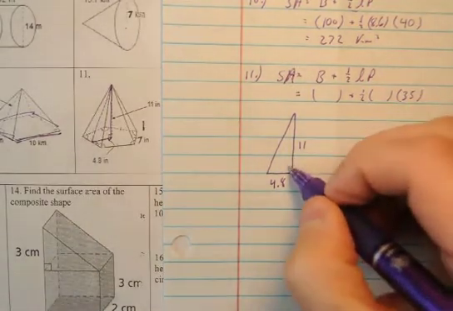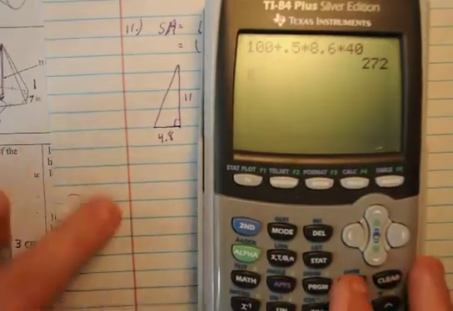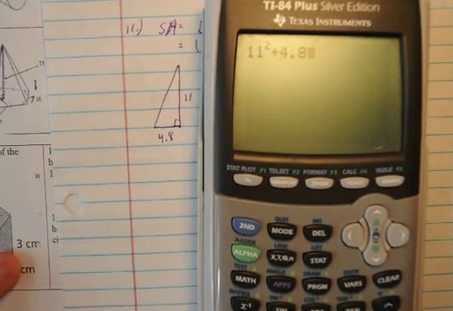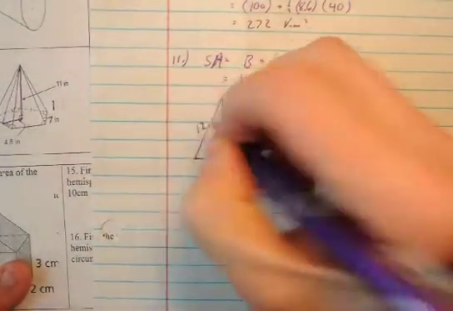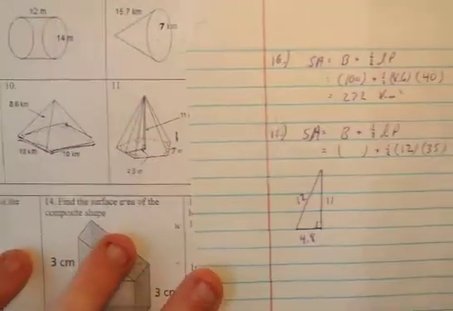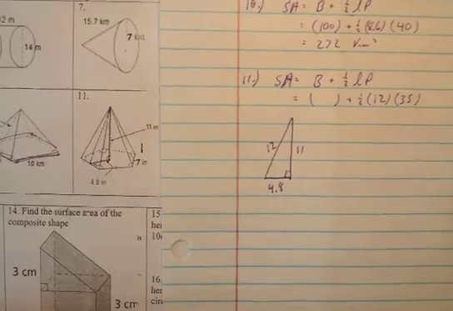Now we can use the Pythagorean theorem to figure out this height right here. 11 squared plus 4.8 squared, 144. Square root of 144 is 12, roughly. So therefore our slant height is 12. That's nice. But we still need to figure out the area of the base.